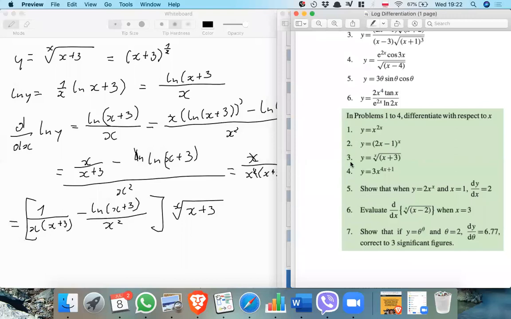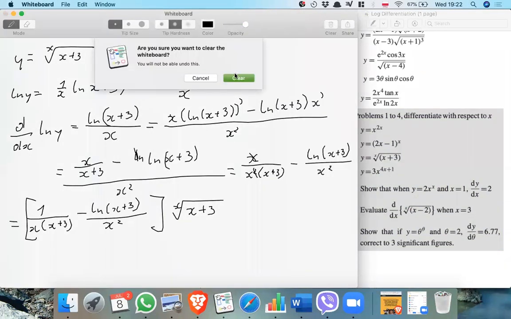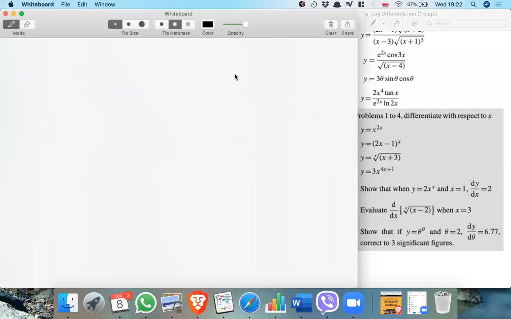And the last one is 3x to the power of 4x plus 1. So let's clear this. We have the function y equals 3x to the power of 4x plus 1.